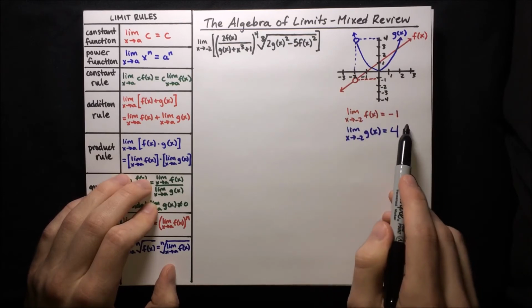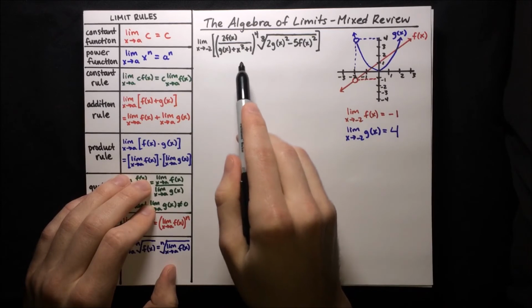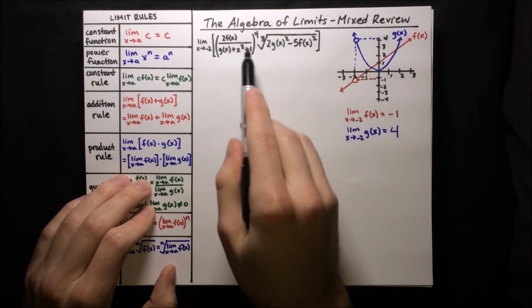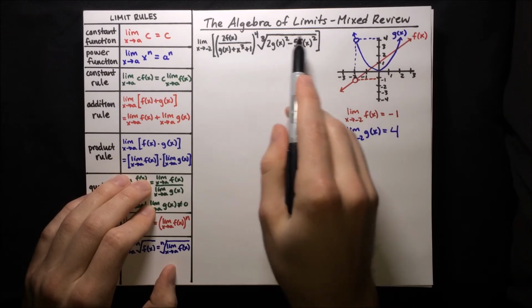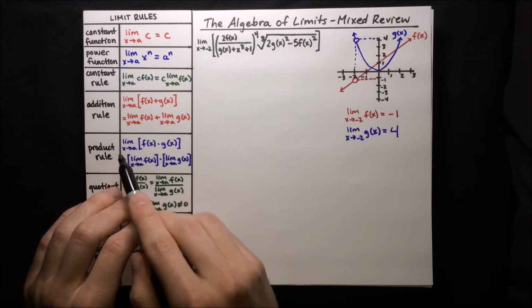Okay, so now let's compute this limit using the information we have about our functions and using our limit rules. First of all, we notice that there's a product between two big terms here. We've got this term to the 4th power, and then we've got this cube root term, and that's a product between them, so we can split the limit up using the product rule.